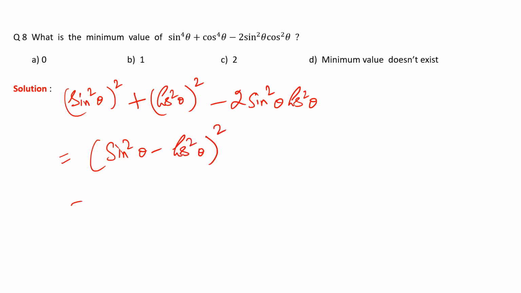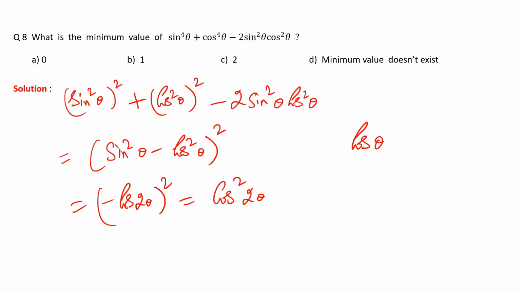And from trigonometry we know that cos^2 theta minus sin^2 theta is cos 2 theta. So this is nothing but (minus cos 2 theta) whole square, or finally this is cos^2 2 theta. Now students, you must be knowing that for any angle theta, cos theta's value always lies between minus 1 to 1. So cos^2 theta will always lie between 0 to 1.